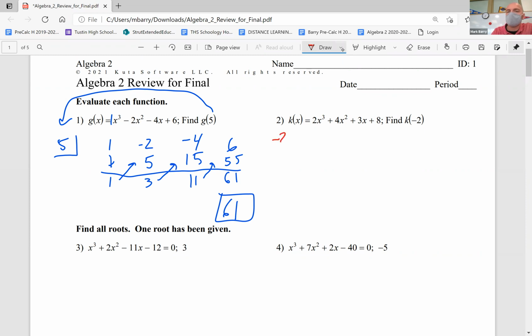Little hint here, if you're stuck, what's going in the cupboard this time is actually -2. And my top row will be 2, 4, 3, and 8.